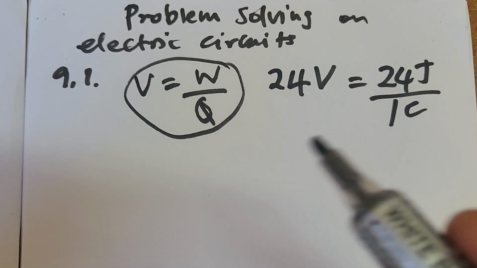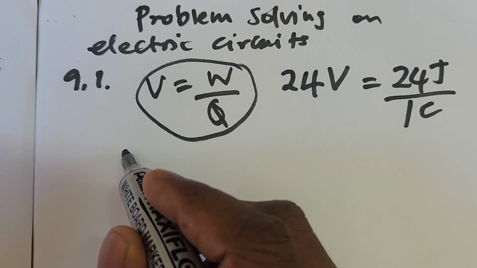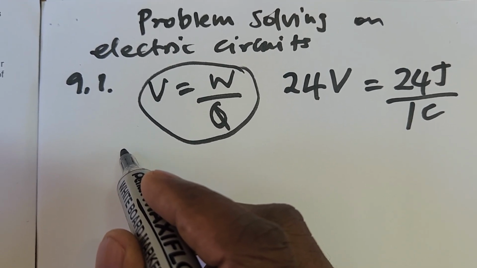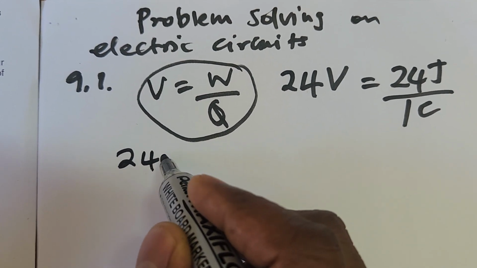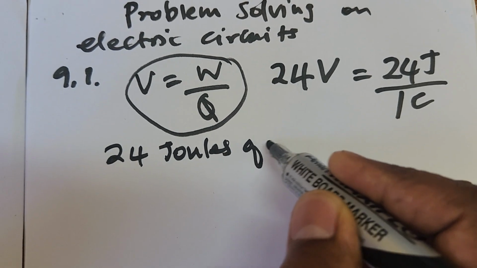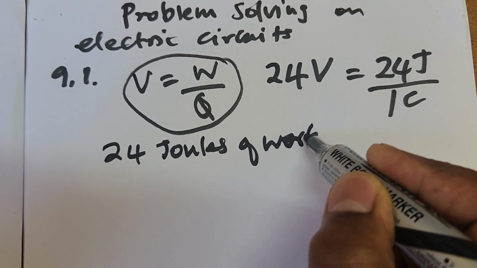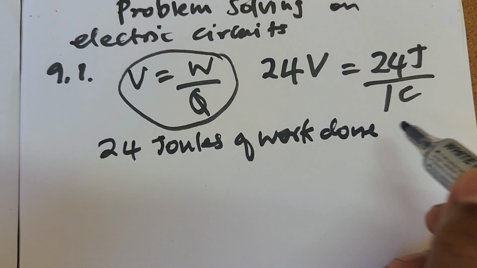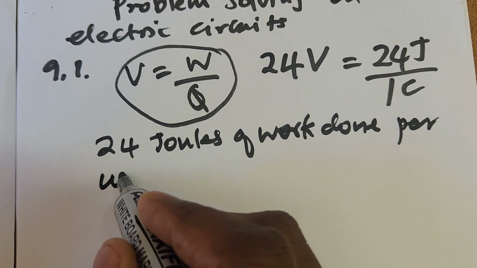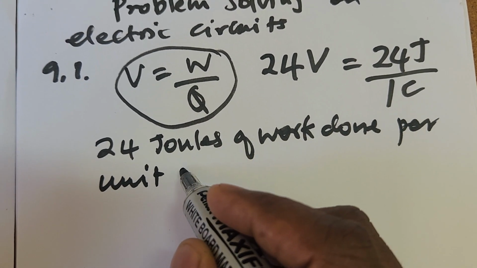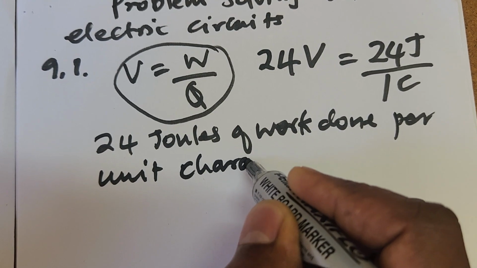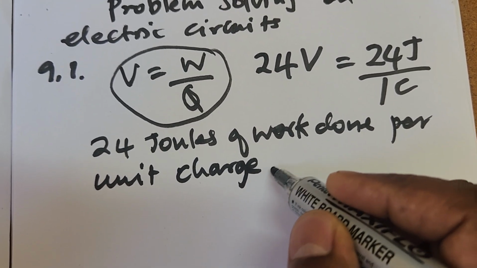Now if we put it in terms of work, we'll say 24 volts will be 24 joules of work done, no longer energy, of work done per unit charge or per coulomb charge.